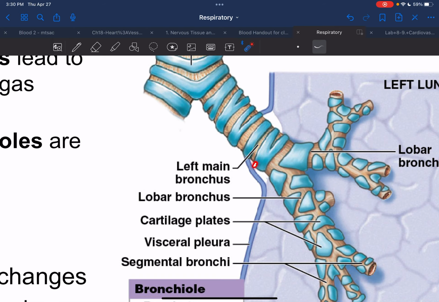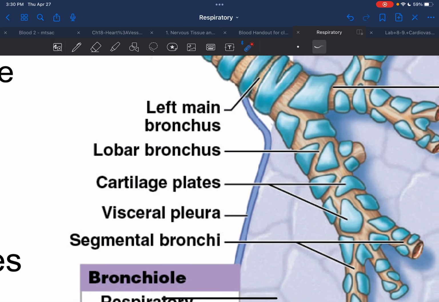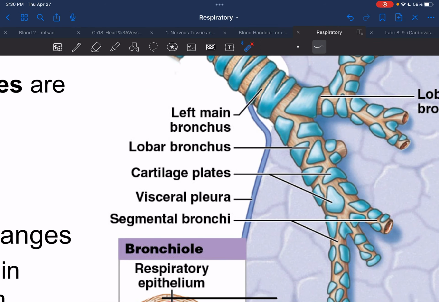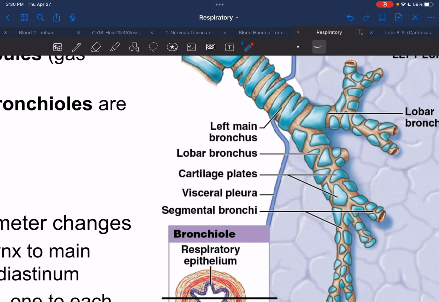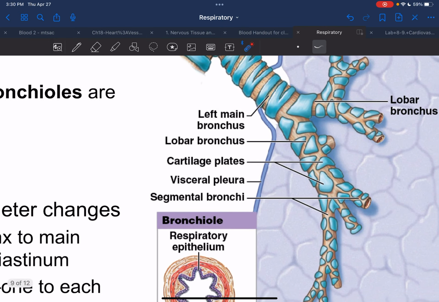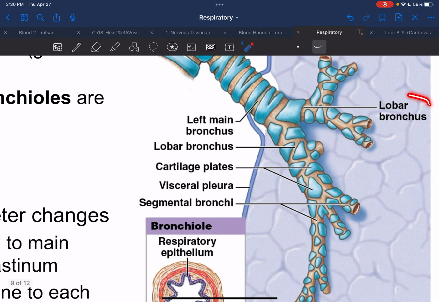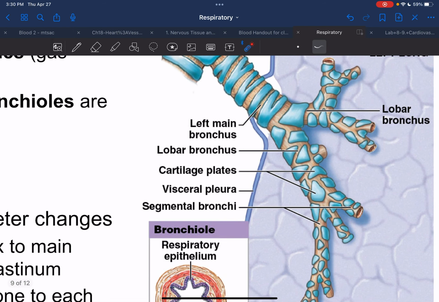So you can see that they're sort of the same thing as the tracheal rings, but they have a different conformation or shape, and their role is similar in providing some rigidity and some structure to the bronchi. And so that's typically one of the biggest indications that we've already transitioned from a main bronchus to a lobar bronchus, is that we can see those cartilage plates.